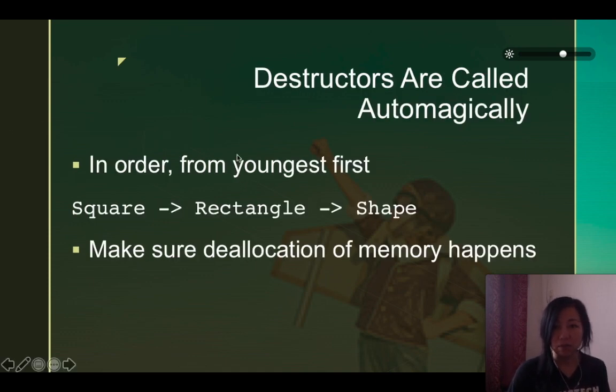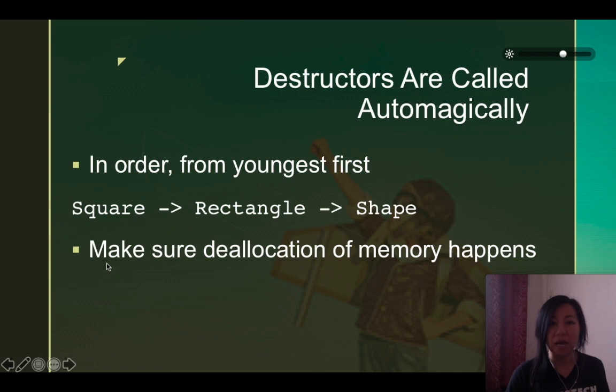Destructors are called automatically. It's just the way things are. But for the case where inheritance happened, the destructors of the classes are being called from the youngest class first. So in our example of the square, rectangle, shape, the square class destructor is being called before the rectangle's, and then the shape's destructor is being called.